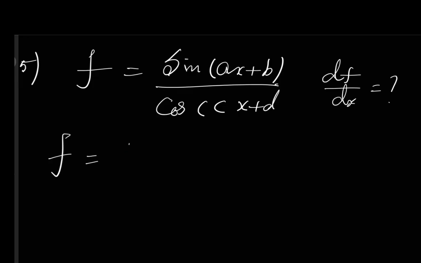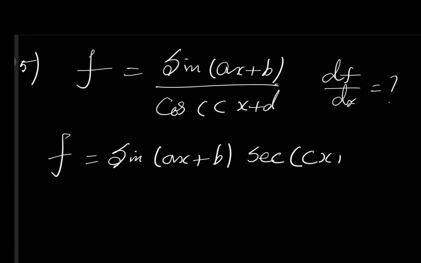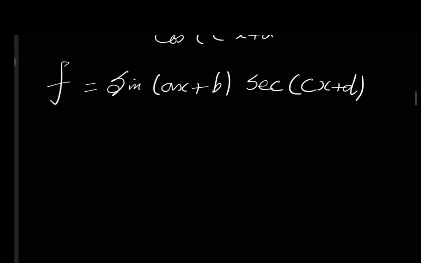I can write this f as sine ax plus b times 1 by cos, which is secant cx plus d.